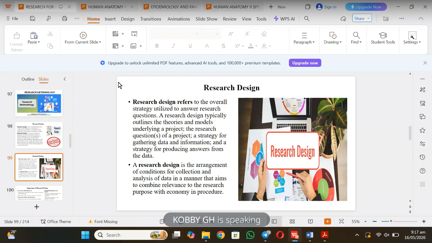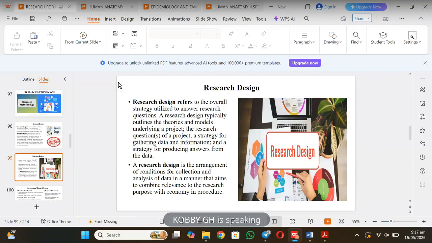That is what we call research design. Is that okay? So when we ask you what is a research design, it's simple. In research, you have some questions. At the end of the day, you want to get answers to those questions. Now, how do you get the answers? All the strategies or the procedures you are going to go through to get answers to those questions, that is what we call research design.